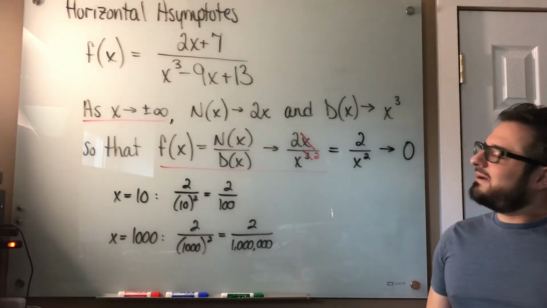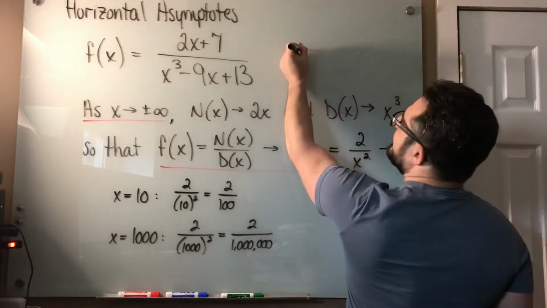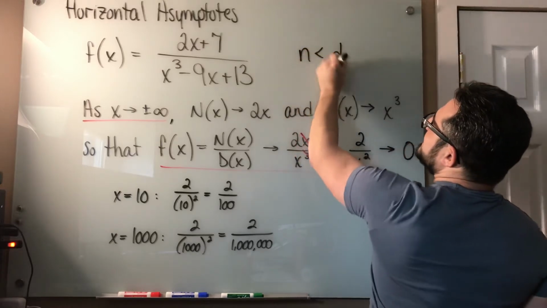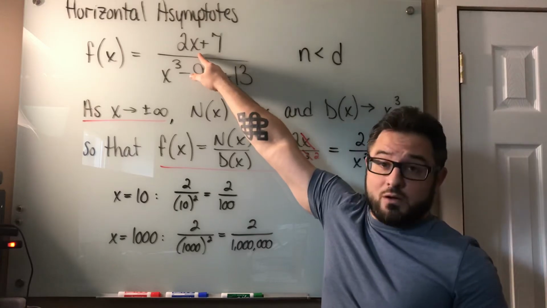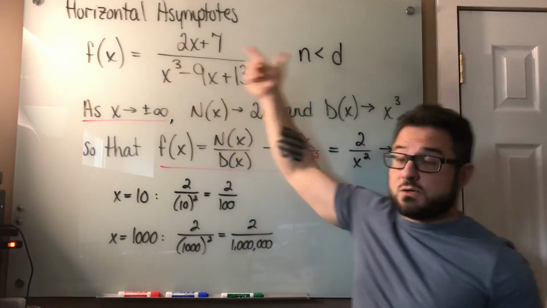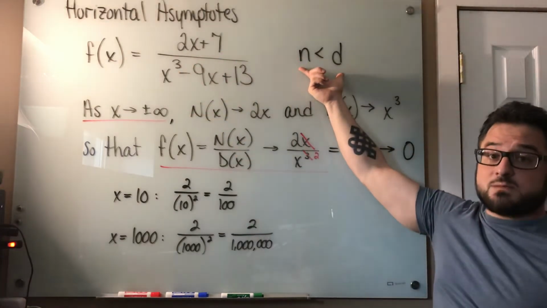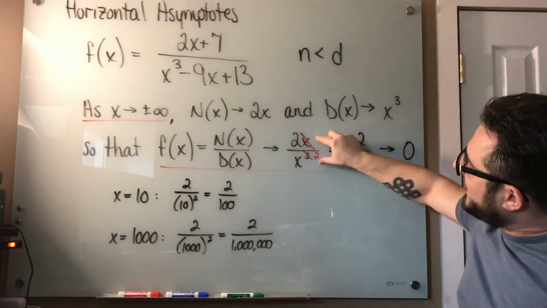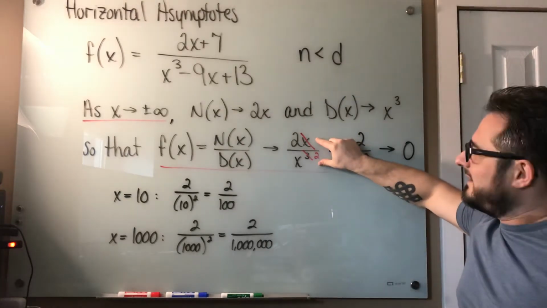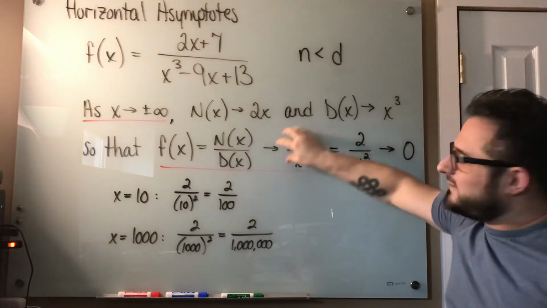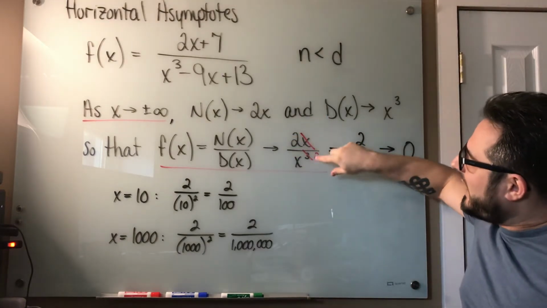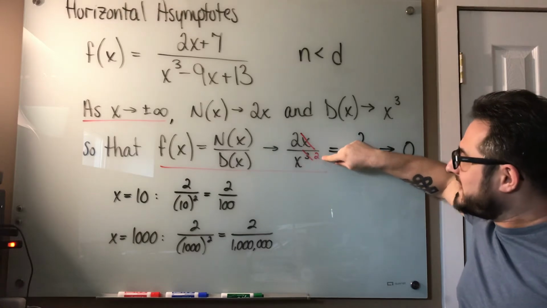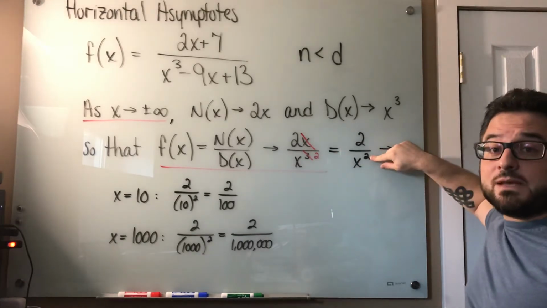Now, how does this translate into the n is less than d case? First of all, the degree of the numerator is 1, and the degree of the denominator is 3, so we fit. The degree of the top is smaller, but the key is in what happened here. If we isolate down to the lead terms and simplify x's like this, a higher degree in the bottom means that that's where the leftover x's are going to be.